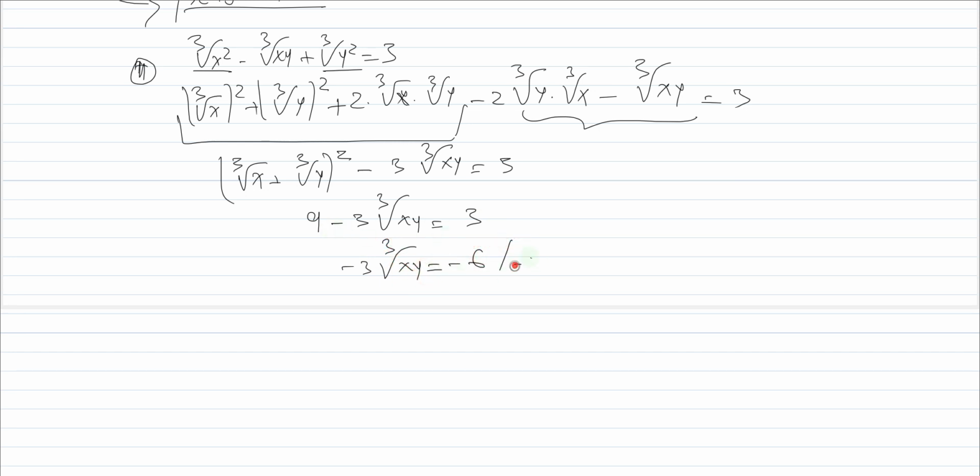If I divide by negative 3, I'm going to have the cubic root of xy equals 2. Sorry, I actually should divide not by 2 but by negative 3. So cubing, we have xy equals 8.